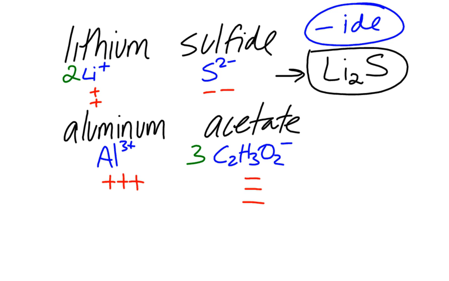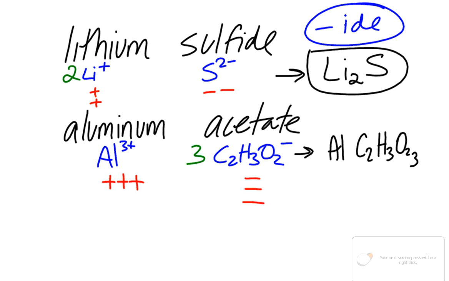So when I write this out, it's going to be Al, and I only have one of them, but I need C2H3O2 with a 3. Because it's a polyatomic, I need to put it in parentheses.